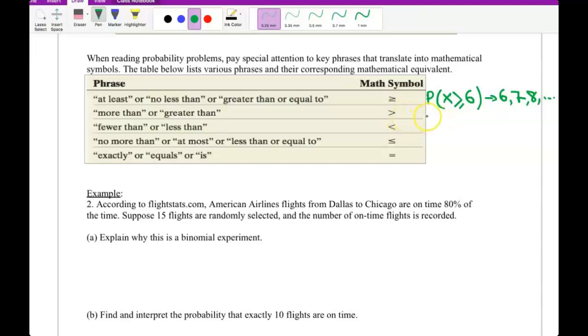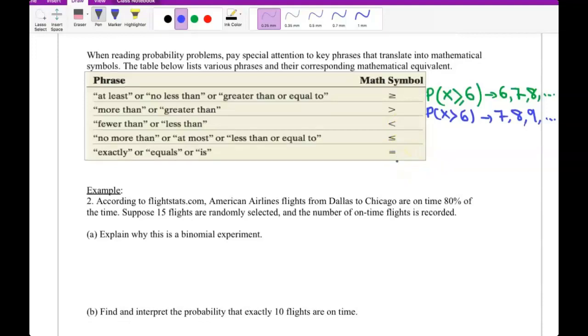And here we have greater than, or more than. So probability of x greater than 6. For this part, I don't have the equal to, so I'm not going to have 6, starting with 7. So 7, 8, 9. Same thing for less than and less than or equal to.